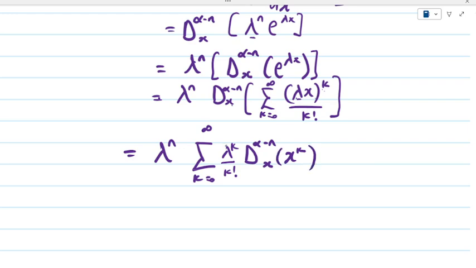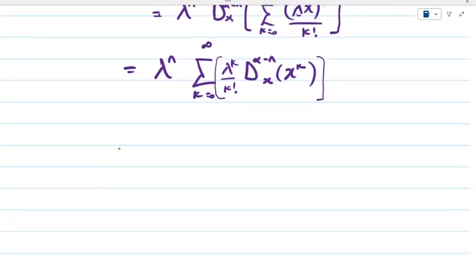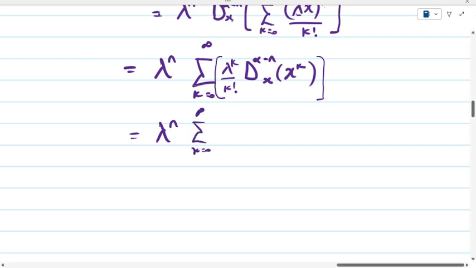According to the first power rule of the derivative, that will give me the summation k equals 0 to infinity of lambda k over k factorial.